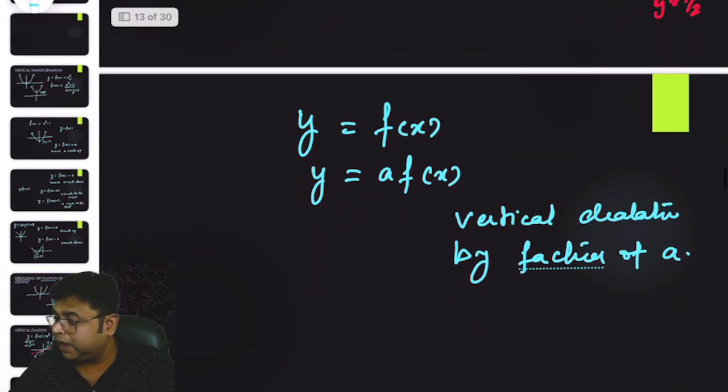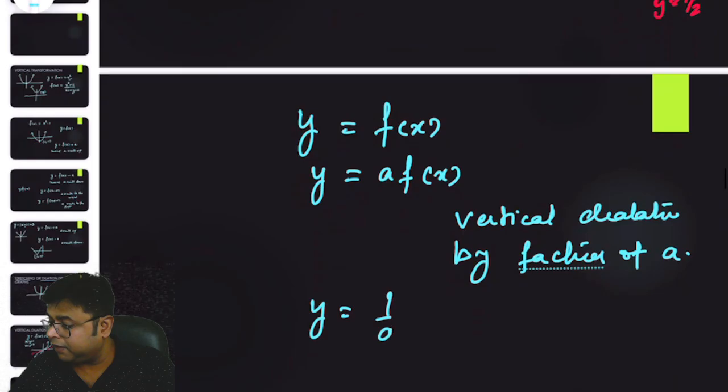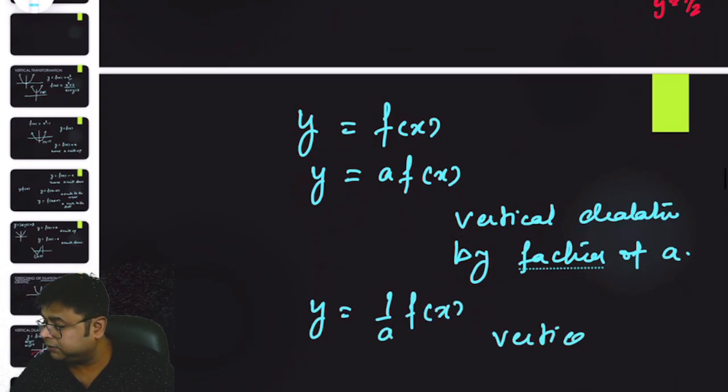And if I have y is equal to 1 by a of f of x, then there is a vertical dilation by a factor of 1 by a.